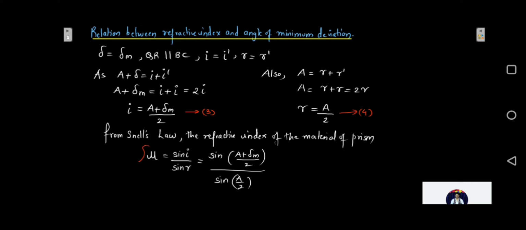So this is your relation. So by measuring the values of angle of prism and minimum deviation with the help of a spectrometer, the refractive index mu of the material of the prism can be accurately calculated.